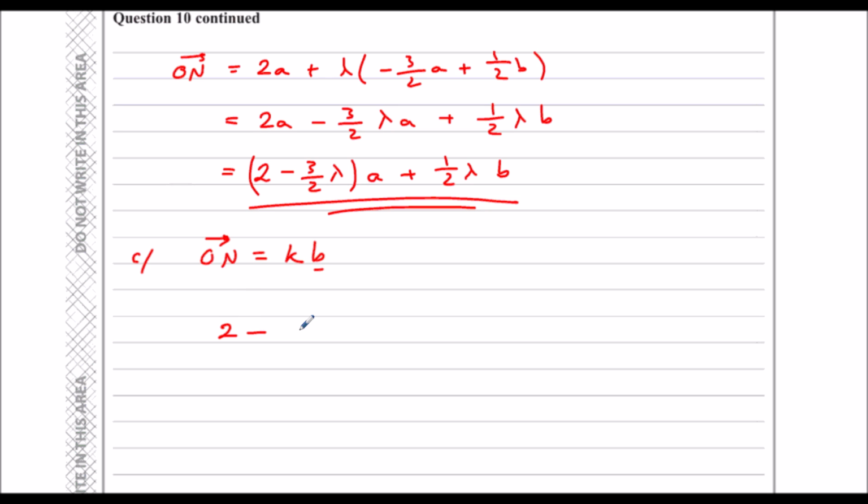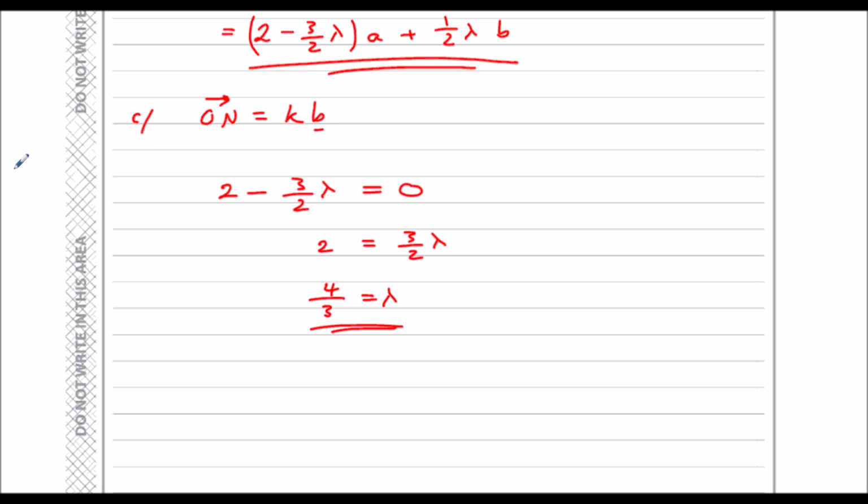So 2 minus 3 over 2 lambda must equal 0. So we can find out lambda, so we'll plus our 3 over 2 lambda to both sides. Then we'll multiply by 2, divide by 3. So we get lambda is 4/3.